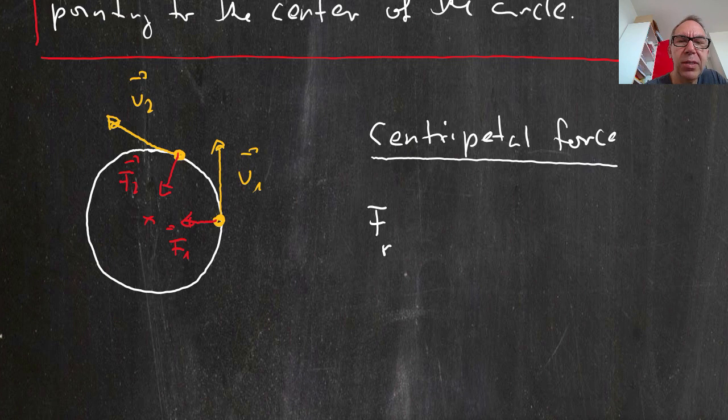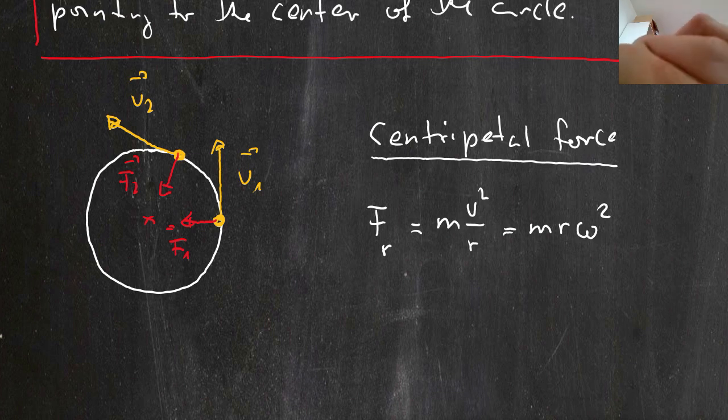And we can just use now Newton's second law, which is F equals m times a, and we have learned that the centripetal acceleration is given as v squared over r, and therefore this is then m times v squared over r, or with the omega we can also write m times r times omega to the power of 2.